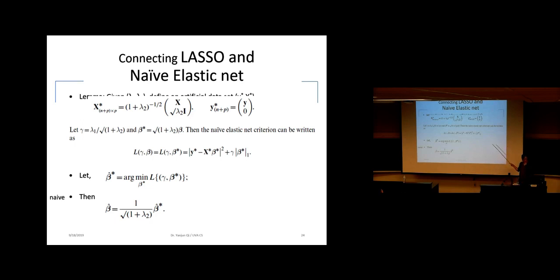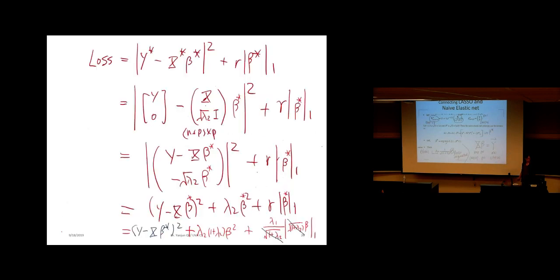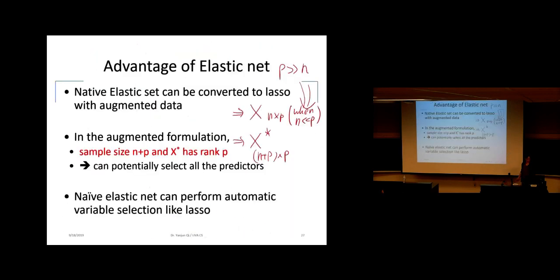By reformulating your x and y into this formulation, the solution of lasso is exactly the elastic net. And I have a whole proof to show that.